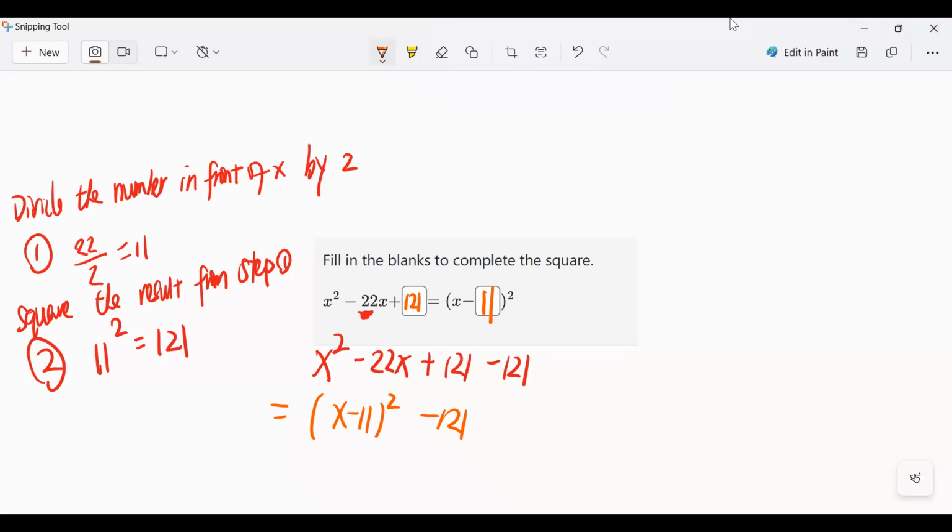I don't think I need this. We don't need this, right? They just want us to figure out what that number is. So we don't need to subtract 121 yet. They just want us to complete the square to come up with the third number.